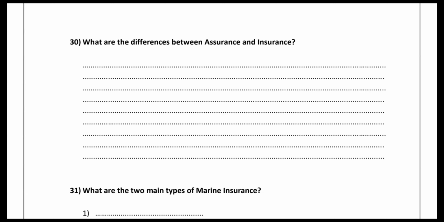Assurance you cannot transfer, but insurance can be transferred. Risk is relatively certain for assurance, for insurance it's uncertain. Assurance you can keep as a mortgage in a bank, but insurance you can't.